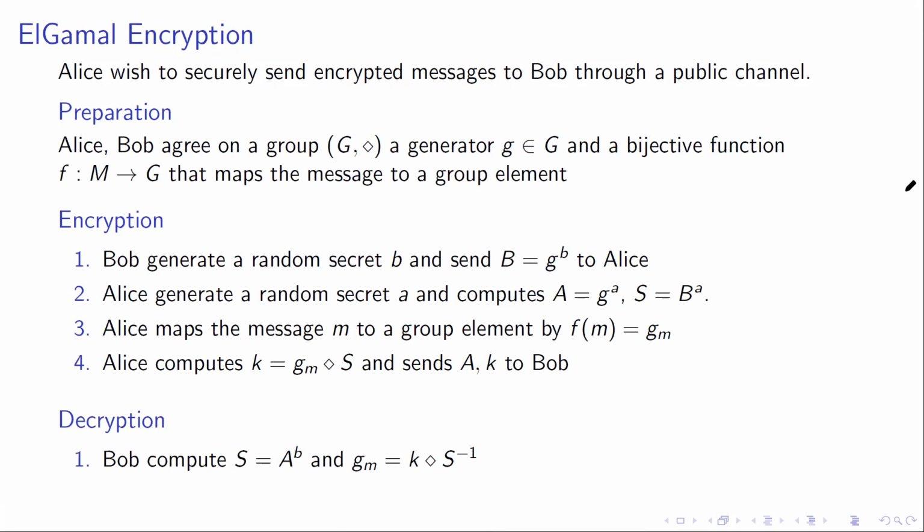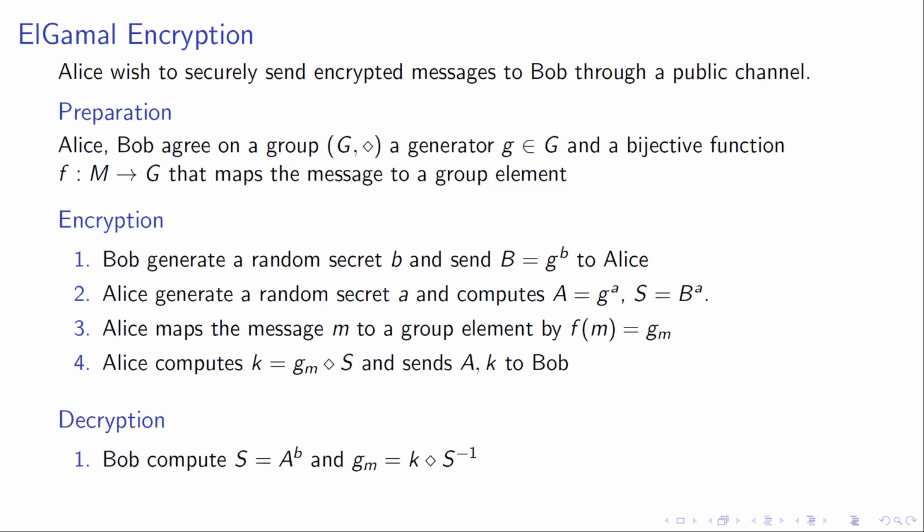Then Alice generates a random secret a and computes A, which is g to the power of a, and S equals B to the power of a. Then Alice maps the message m to a group element by using the function F, which is gm. Then Alice computes K, which is gm diamond S, and sends A and K to Bob.